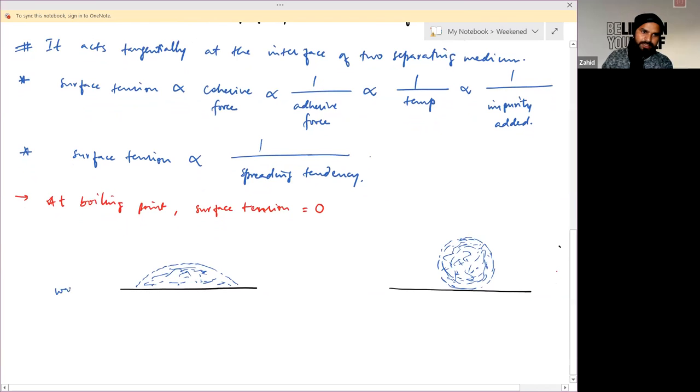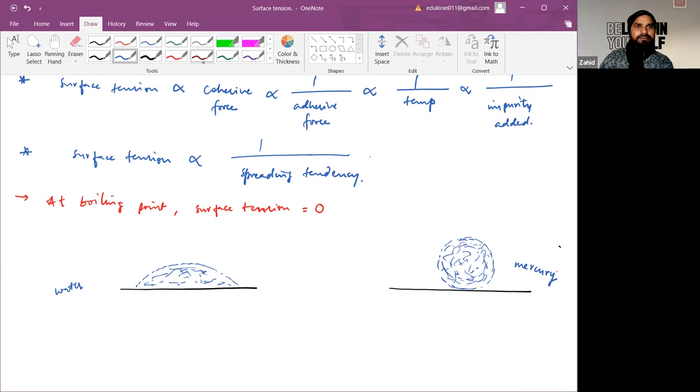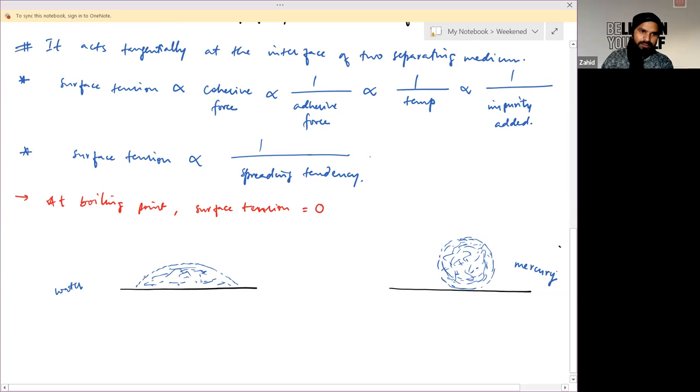So this is the case of water on a surface, and this is mercury on that particular surface. So we can define surface tension tangentially to this particular point.